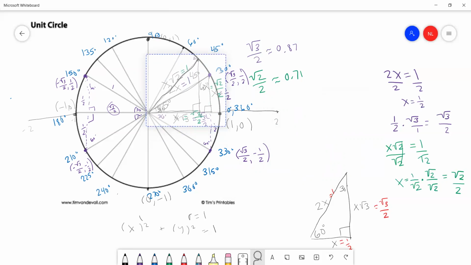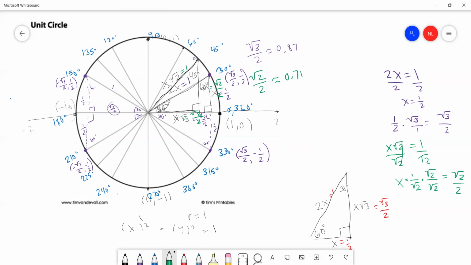Not perfect, but I found it. Let's see what my coordinates are going to be here at 45 degrees. Well, I have that triangle I made. I drew a line down, so I created that right angle. I knew this one was 45 degrees, because that's what I'm measuring, so this one has to be 45 as well, 45, 45, 90. I know my radius is 1, because that's the radius of the circle, so my hypotenuse is 1.